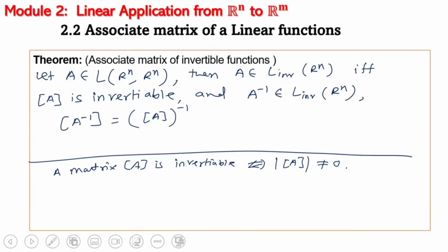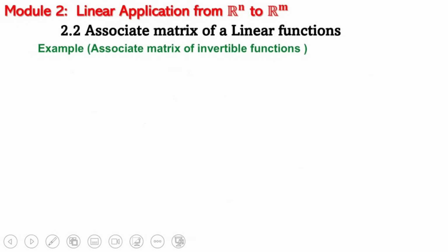Let's have an example which uses this theorem. Let A be from R2 to R2 defined as A of x, y equal to 2x minus y and x plus y.